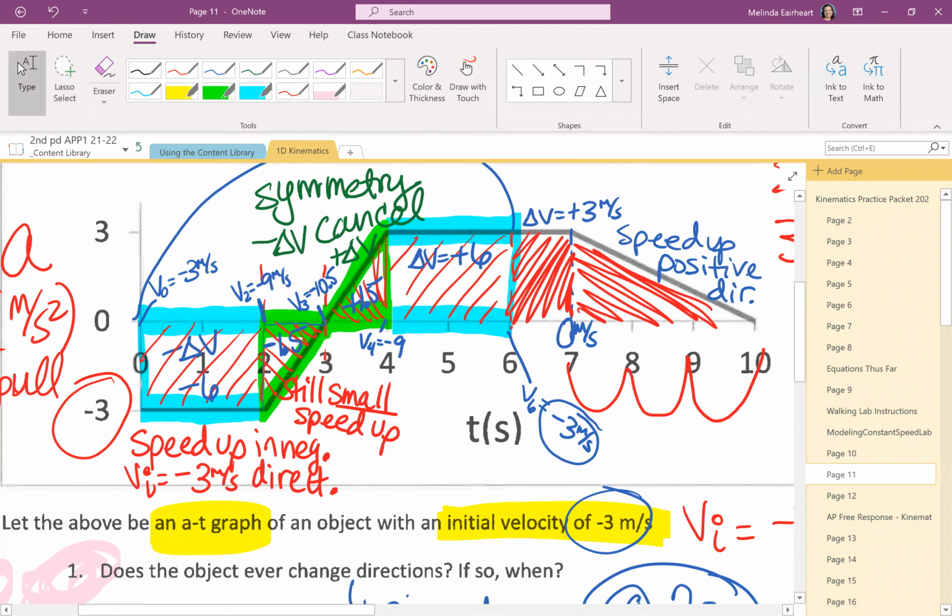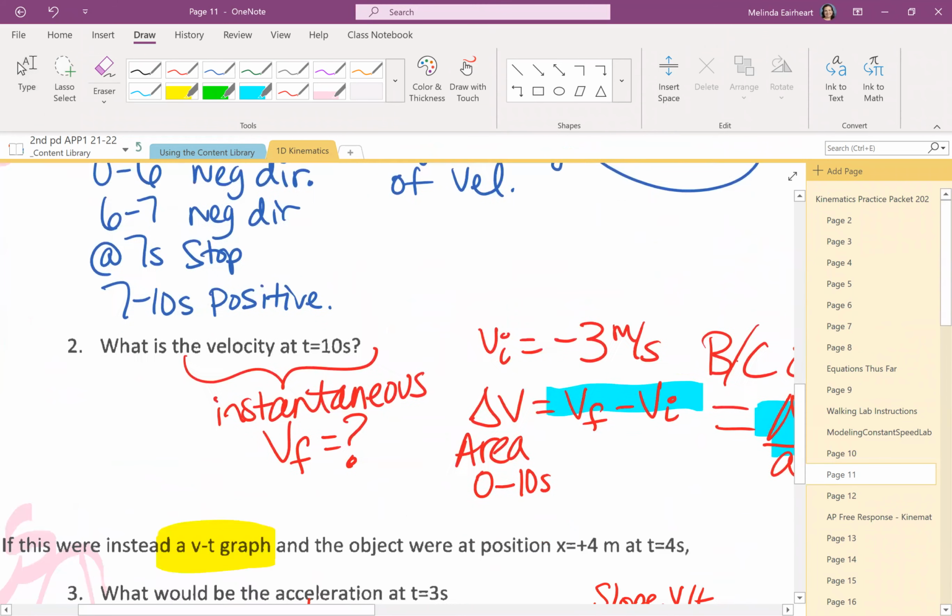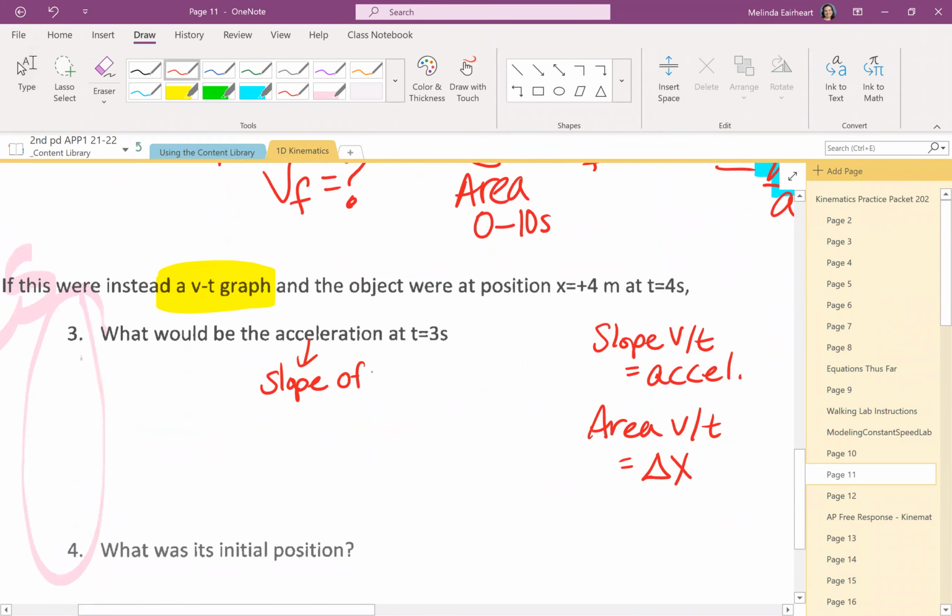Yes, and so that green diagonal there is going to be the line we need the slope of, okay? So we want the slope of that second segment. So 2 to 4 seconds. Or you can use any time intervals of that, right? I'm going to do 2 to 4.